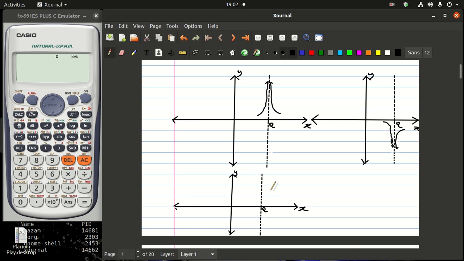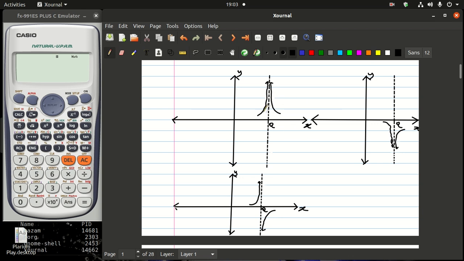Another case is that on one side the function is getting closer but still increasing unboundedly, going all the way up, while on the other side it keeps coming down all the way down, but it's never going to touch the asymptote. So we end up having these different scenarios, where one side goes down and the other side goes up. How do we say this is happening if you are given some function?